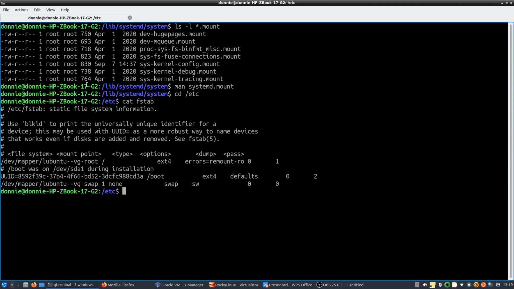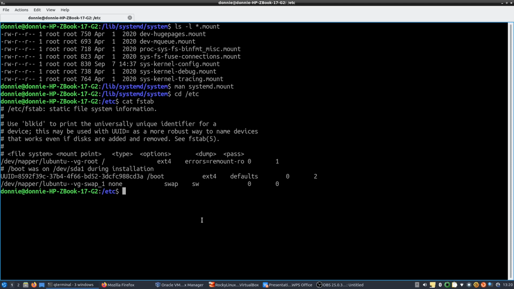You can see that we've got a regular ext4 partition for the boot partition, because remember, we cannot boot from logical volumes. Up here we have the logical volume. Both of them are formatted with ext4. And then down here we have the swap partition, which is also a logical volume.